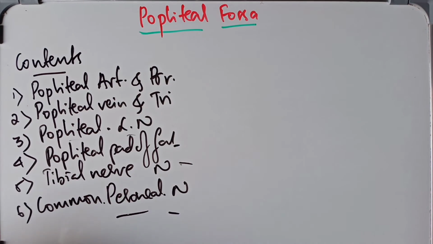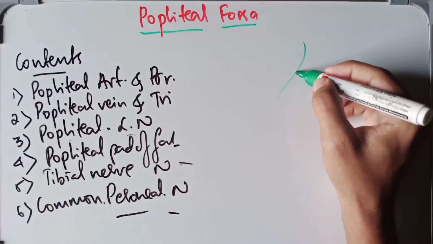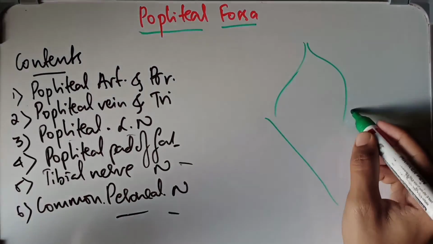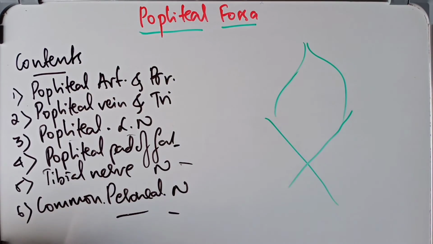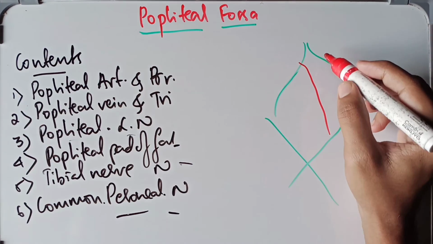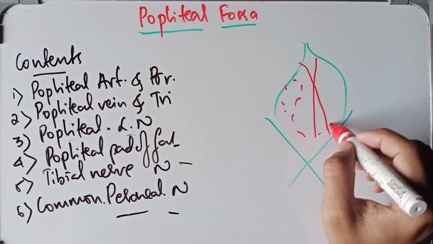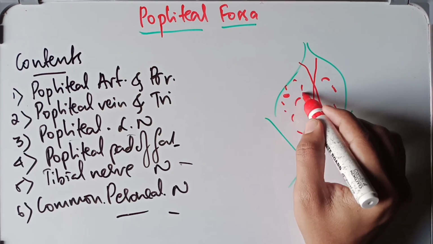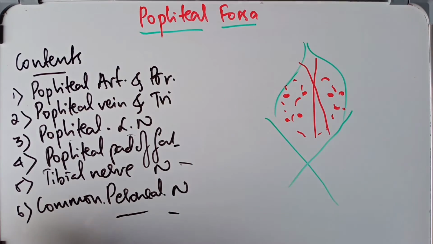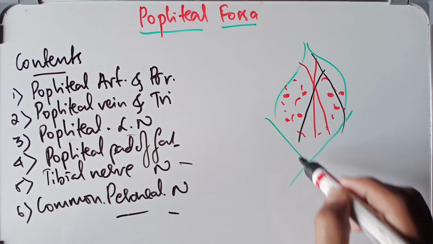So the popliteal fossa has a superior-medial, superior-lateral, inferior-medial and inferior-lateral boundary. And for the contents, we have the popliteal artery and vein with their branches and tributaries, the popliteal pad of fat and some popliteal lymph nodes, as well as the tibial nerve and the common peroneal nerve.